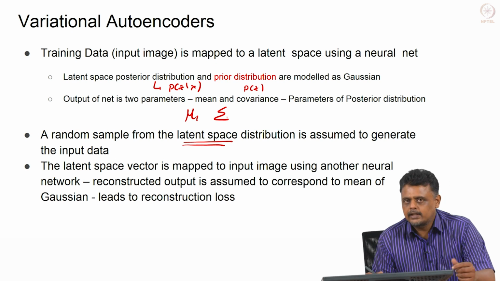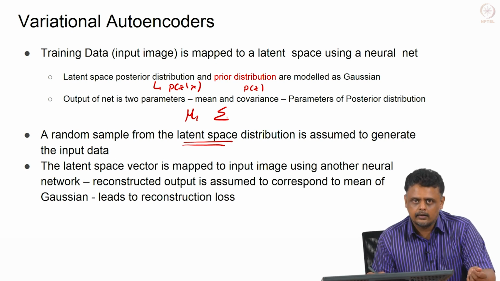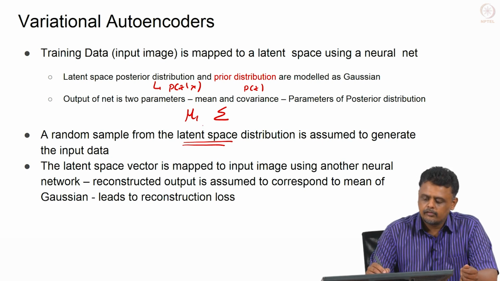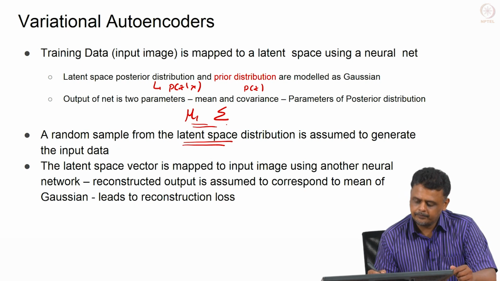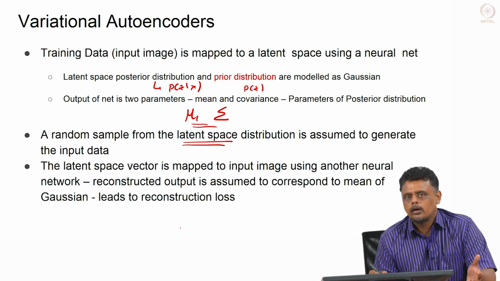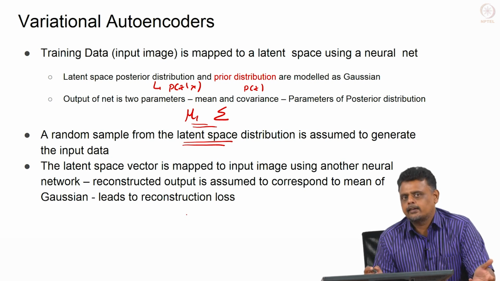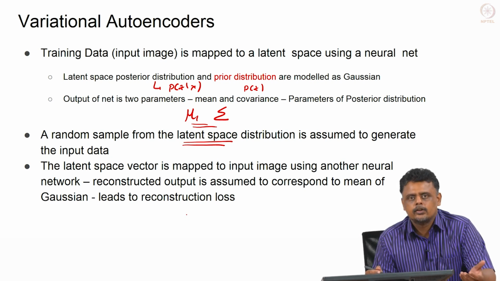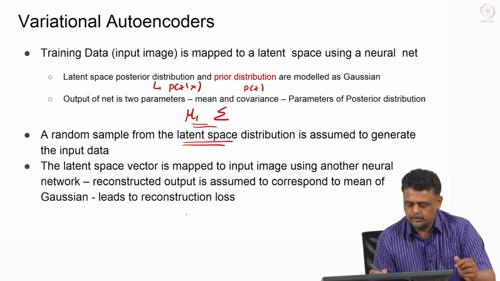Okay. So, how is that done? Again, not very surprisingly, we will use another neural network which takes the sample z as input and maps it to an output which is very similar to your input data or input images. So, if you take MNIST digits, you would map from your sample of the latent vector to a digit which looks like it came from the training data distribution.